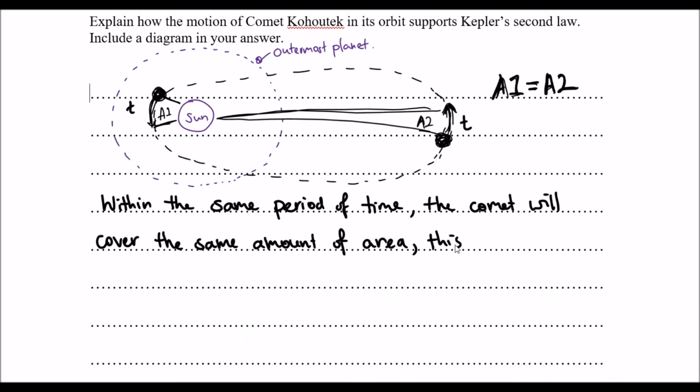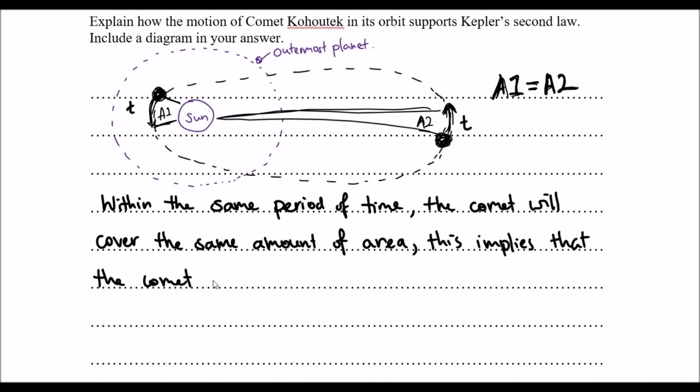This implies that the comet will travel much larger distance when it's closer towards the sun, and also travels a lot faster.